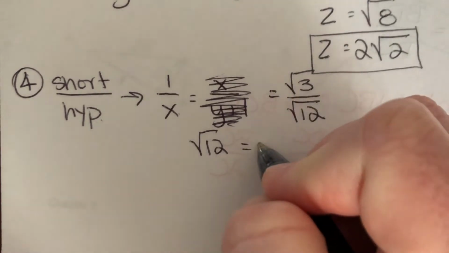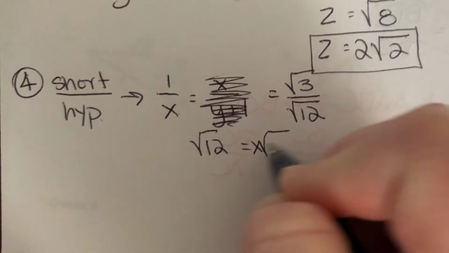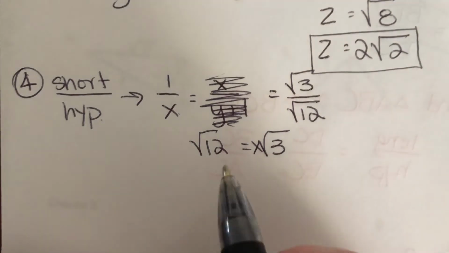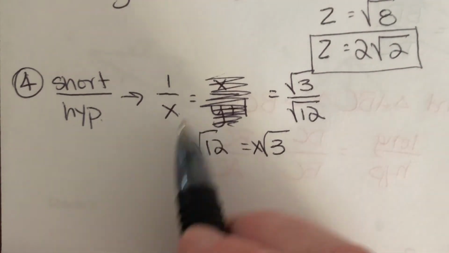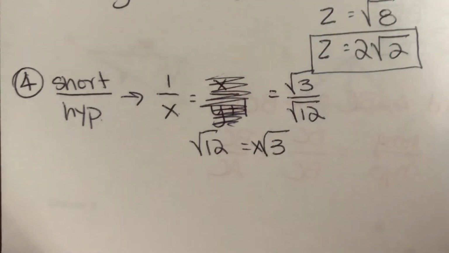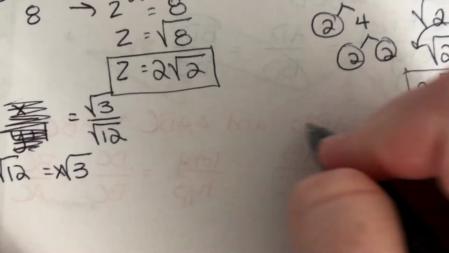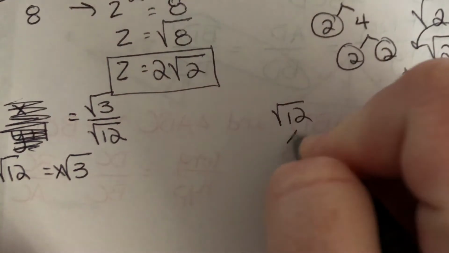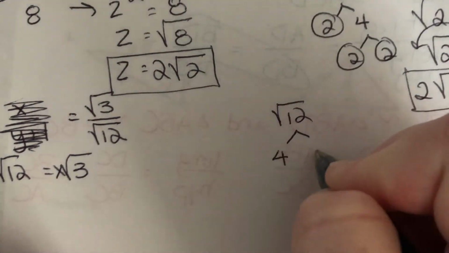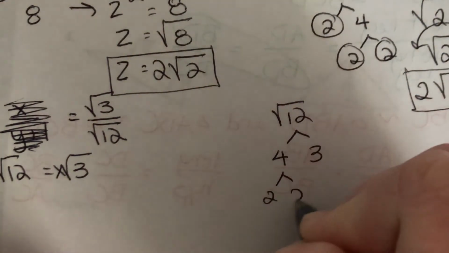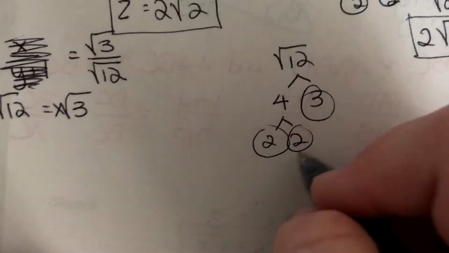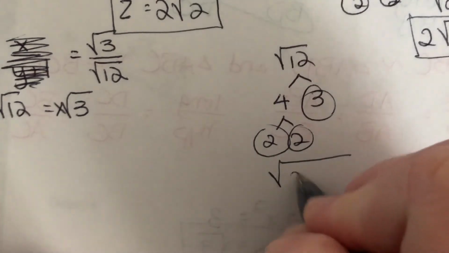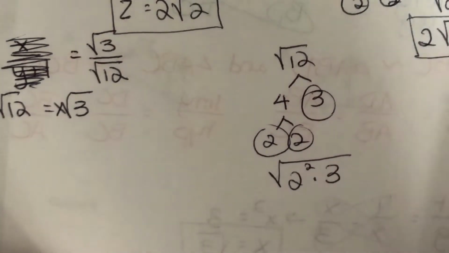X times square root of 3 is x square root of 3, right? Now here's where it gets a little tricky because this is not simplified. We have to simplify this radical and then you'll see how we can find the answer. So how do I simplify square root of 12? What can it be divided by? What about 4 and 3? And that can go into 2 and 2. And these are all prime numbers, so we're done. Okay, so then if I rewrite that, that's 2 squared times 3.